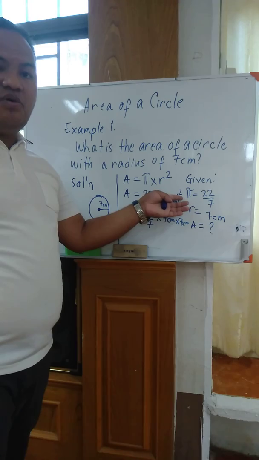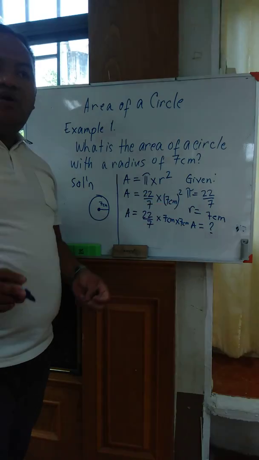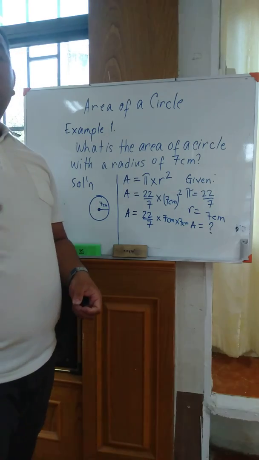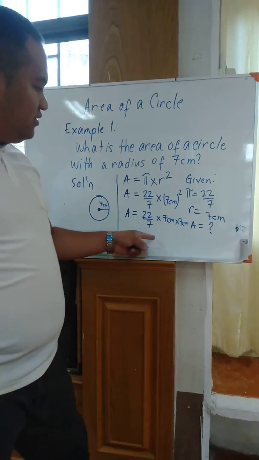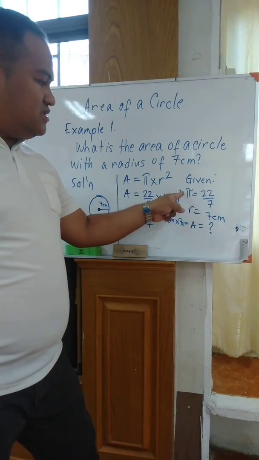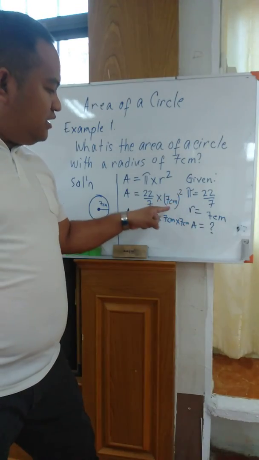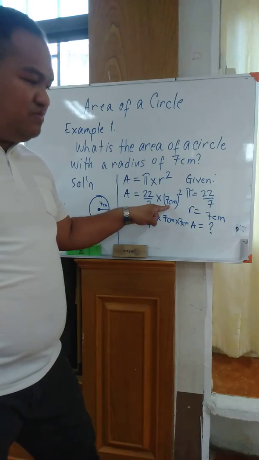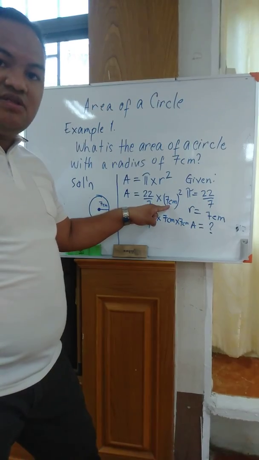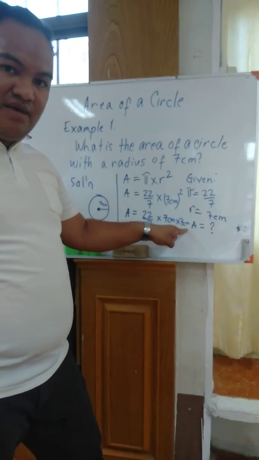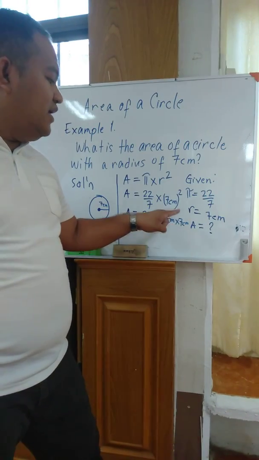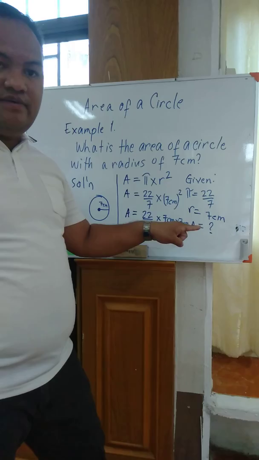It has an exponent of 2. And I told you a while ago that an exponent tells how many times you multiply the base by itself. So, since it is to the power of 2, we have to multiply this base, which is 7 centimeter, 2 times. So, 7 centimeter times 7 centimeter.